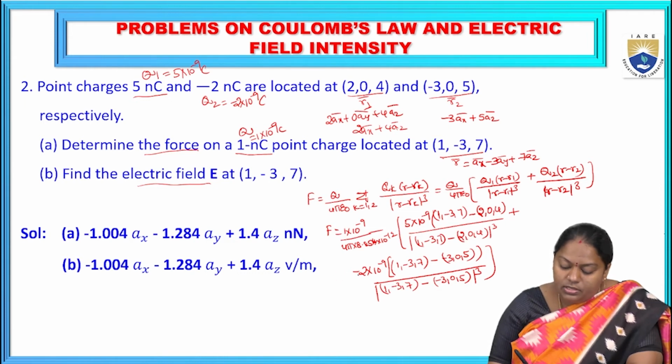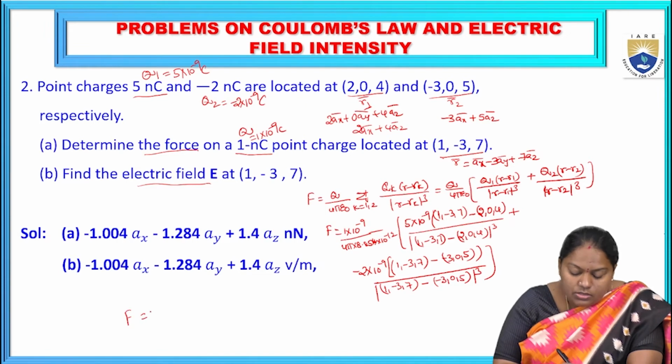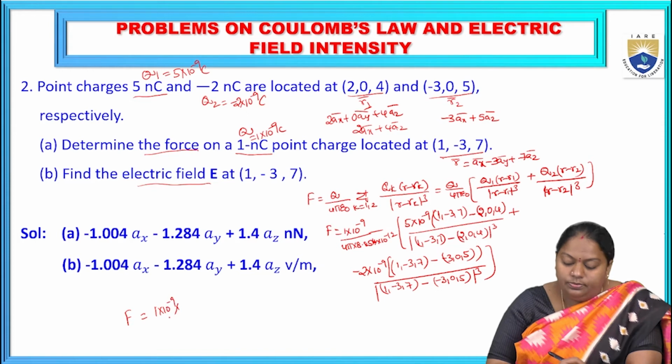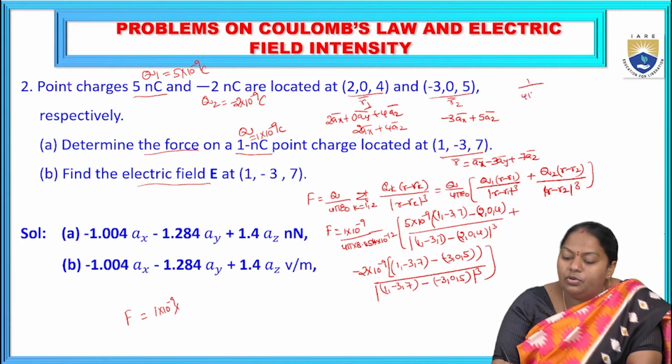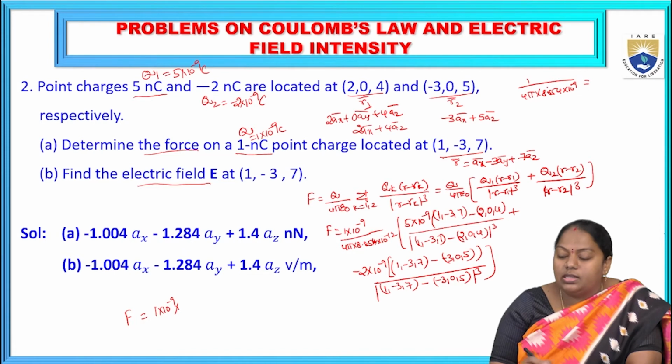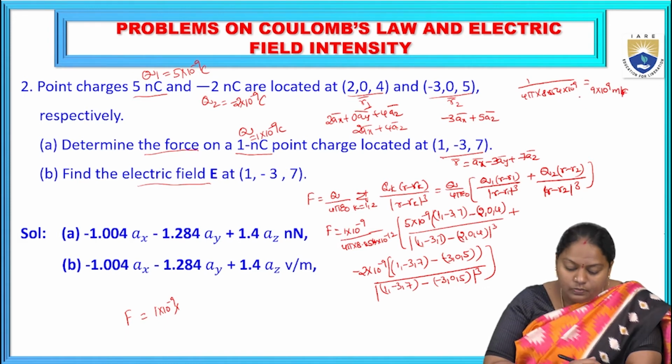In order to simplify the total equation, we first consider F equal to 1 into 10 power -9 into 1 by 4 pi epsilon naught, that is 1 by 4 pi into 8.854 into 10 power -12. If you evaluate this, you get 9 into 10 power 9 meters per farad as the value for 1 by 4 pi epsilon naught.